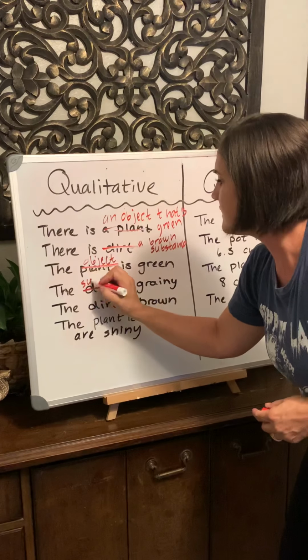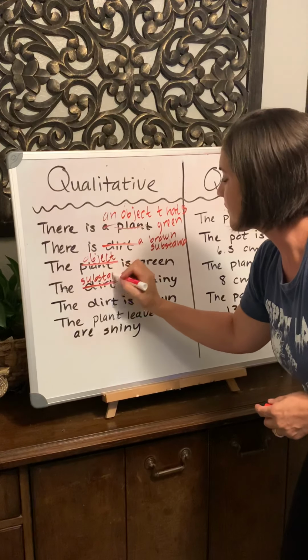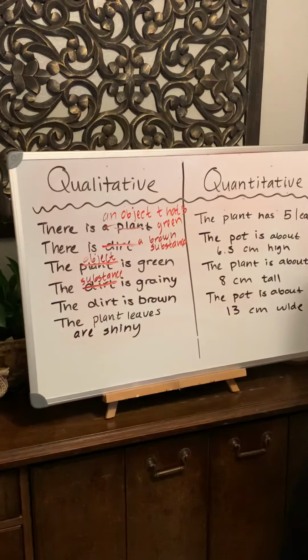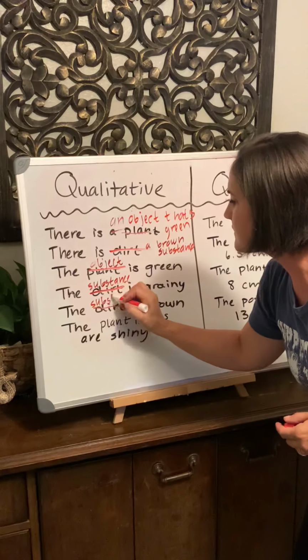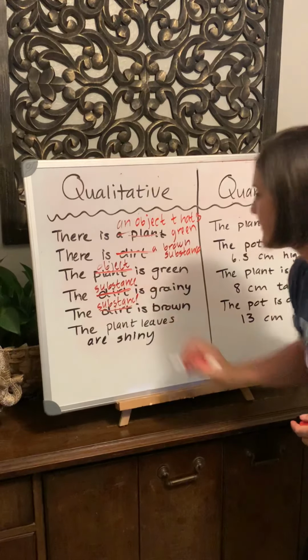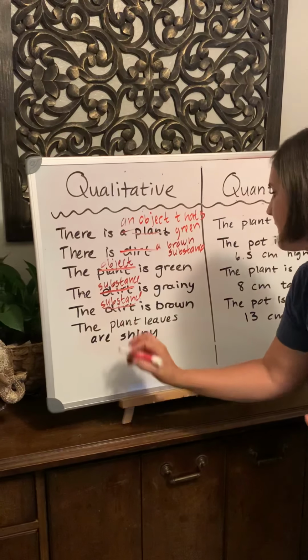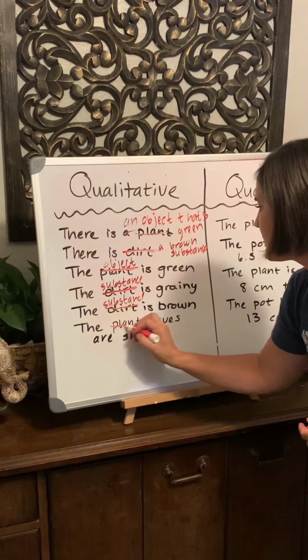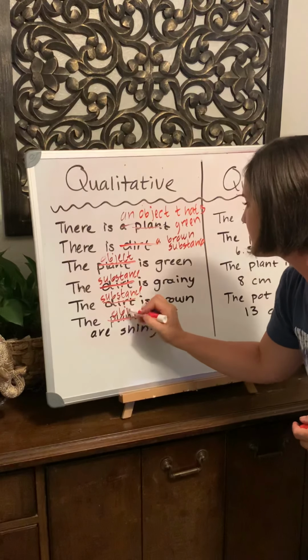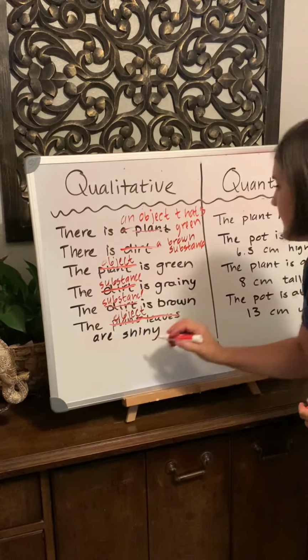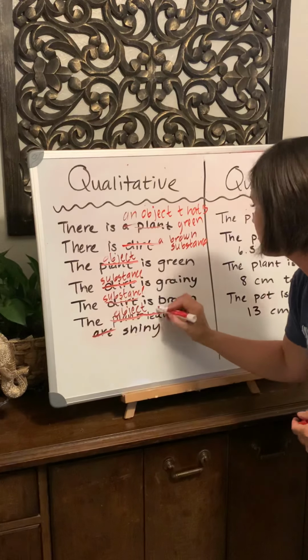The substance is grainy. The substance is brown. And the object has shiny parts.